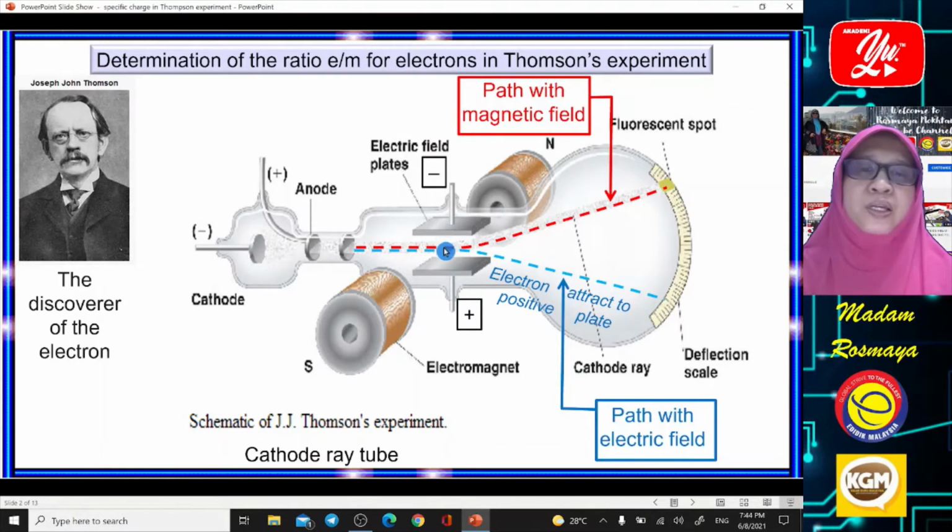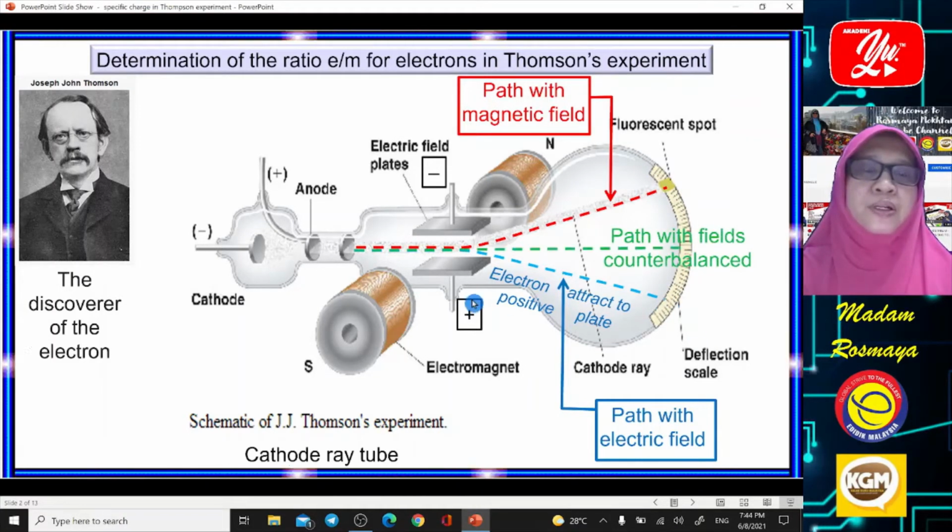This is the plate; we have a negative plate and a positive plate. So the electron is attracted to the positive plate. That's why the electron follows this path, which is actually a projectile path. So what happens in the display on the cathode ray tube? The spot we can see is at the bottom of the screen here.